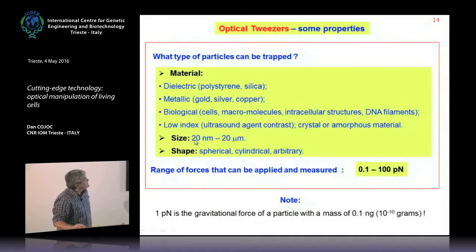As size, an important thing, we have also a very wide range, from 20 nanometers to 20 micrometers. As forces that can be applied and measured, the range is between 0.1 to 100 piconewton, which is, by the way, the interaction forces between cells, between macromolecules and cells and so on.